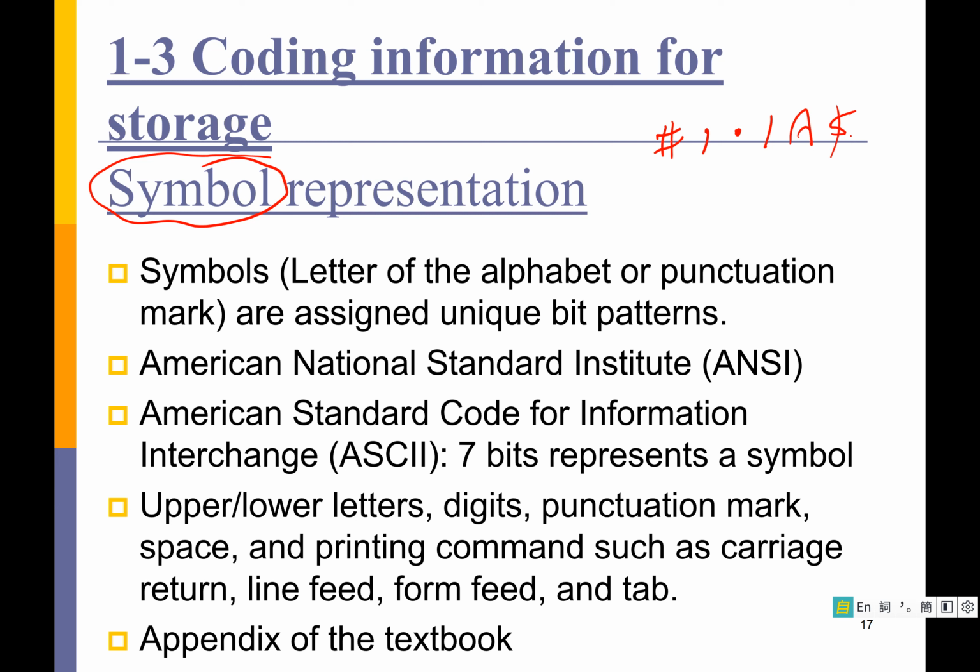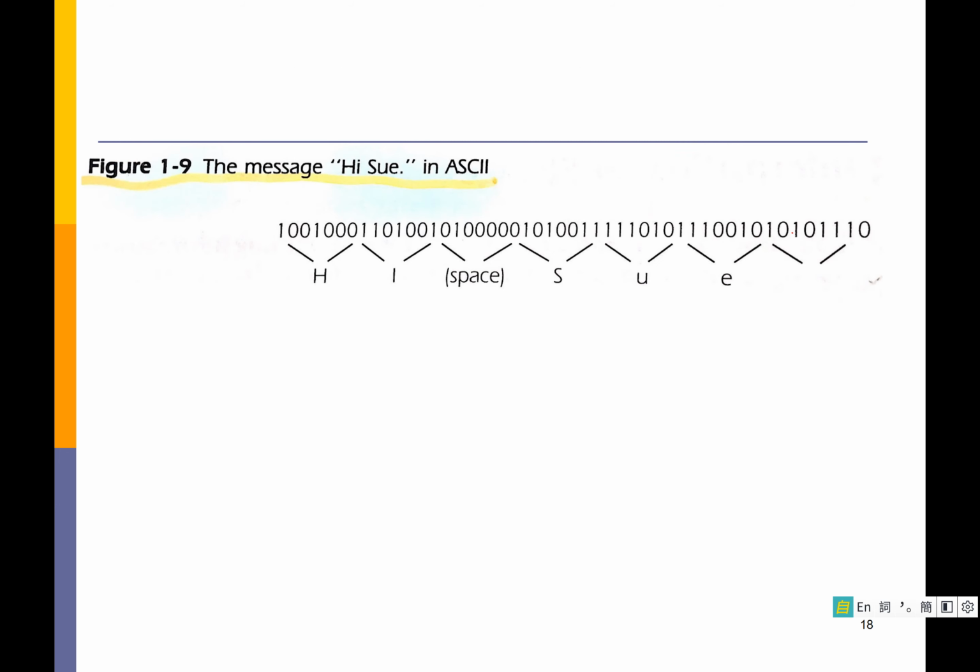Dollar sign is a symbol. Okay, plus sign is a symbol. Okay, all symbols we need a way to save into a computer system. So here is a symbol, maybe a letter of the alphabet, a punctuation mark. Comma is punctuation. Period is punctuation.